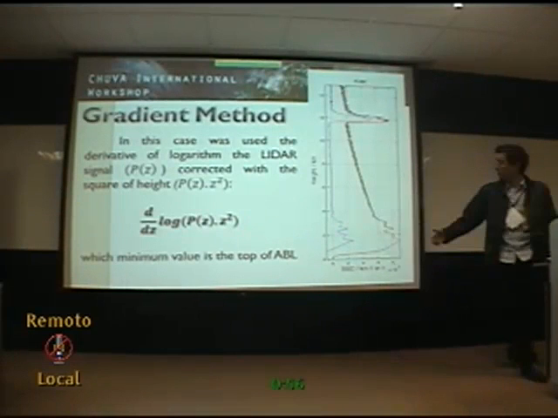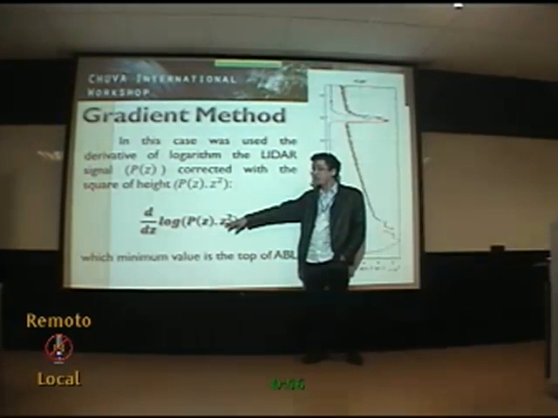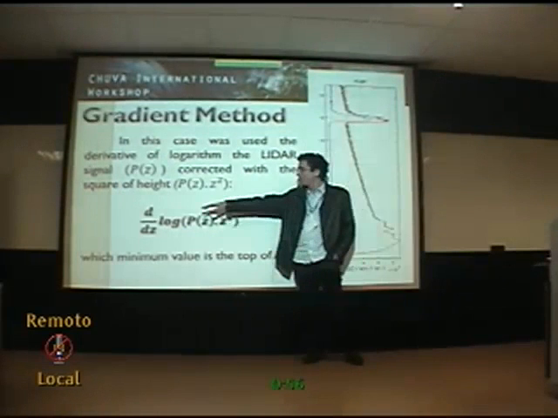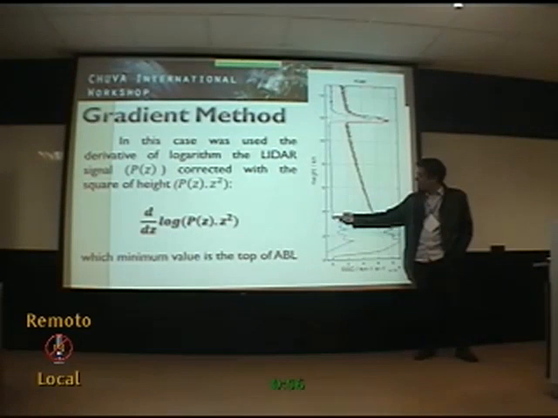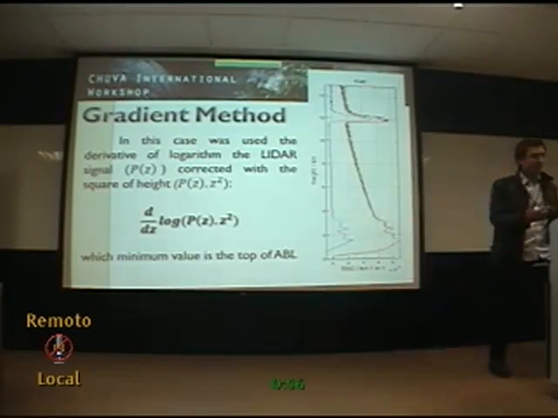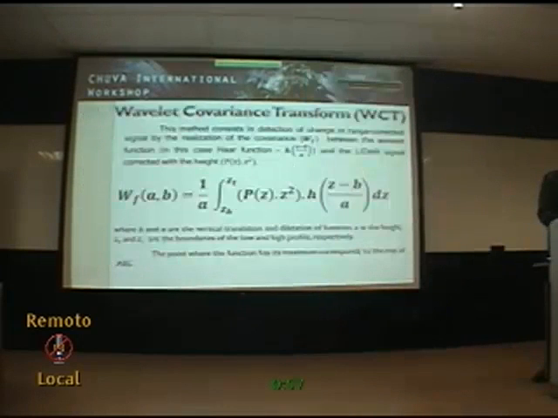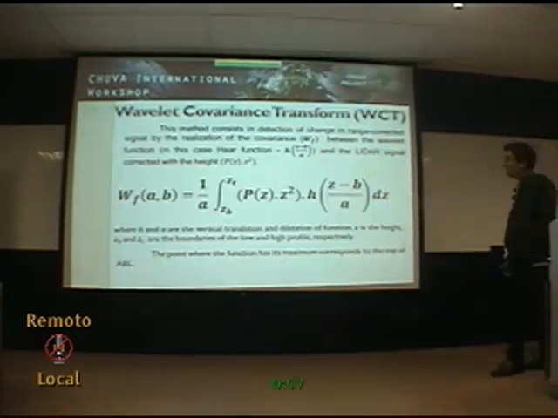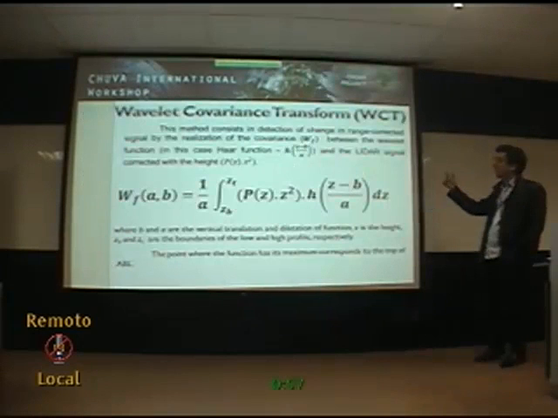That's what these equations and the text say. You correct for distance, take the logarithm, then the derivative, and look for the minimum, and then you have the height of the boundary layer. The second method is like, maybe I have multiple layers, maybe the signal is more complicated and the derivative is not enough. So they took the wavelet transform of the signal, and now they look at the minimum of the wavelet coefficients in the atmosphere.